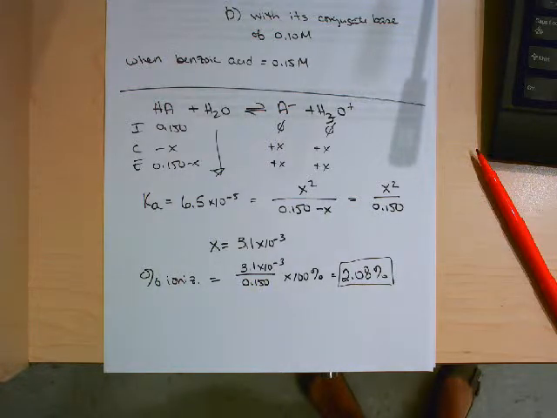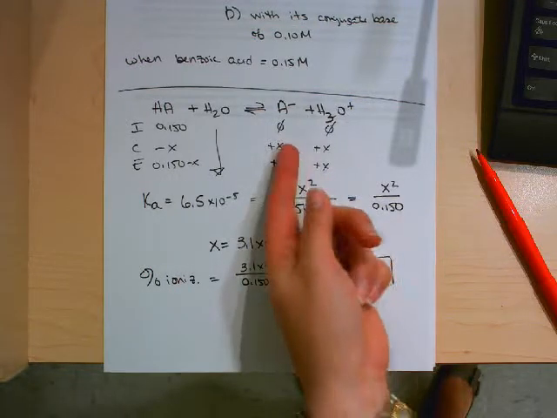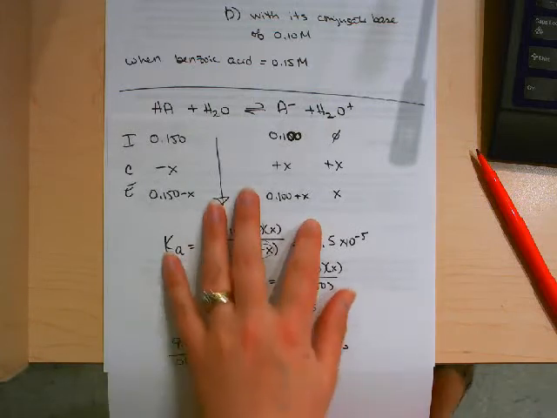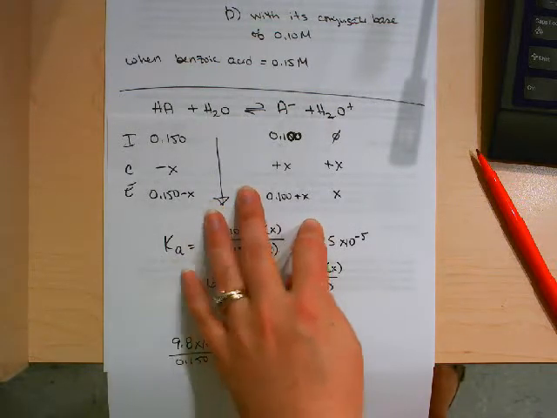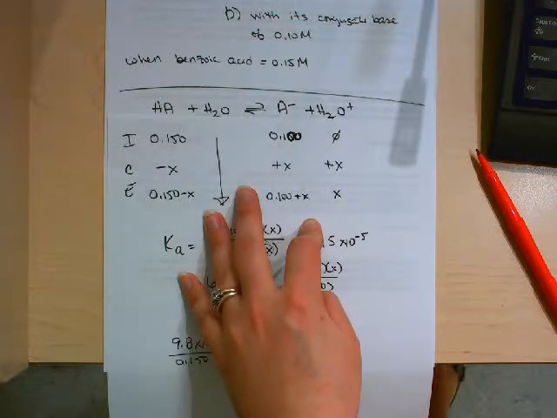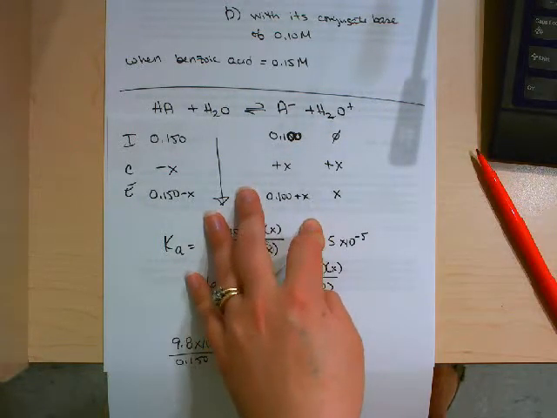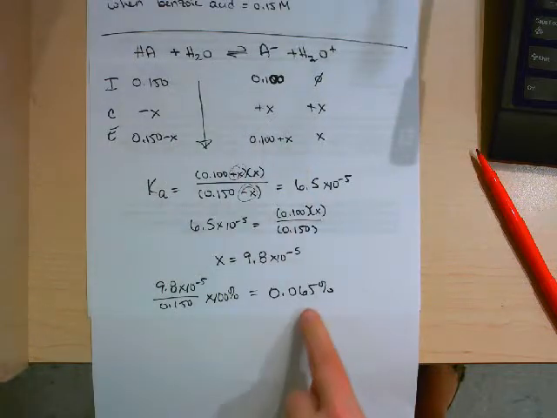To product. So I need to have a lot of it ionized to make product. What happened in this case? I have some products. They're not equal, so it's still going to shift, but doesn't need to shift as much. I don't have a lot of products, so it's still going to shift to the products, but it doesn't have to shift as much. It only has to shift 0.065%.